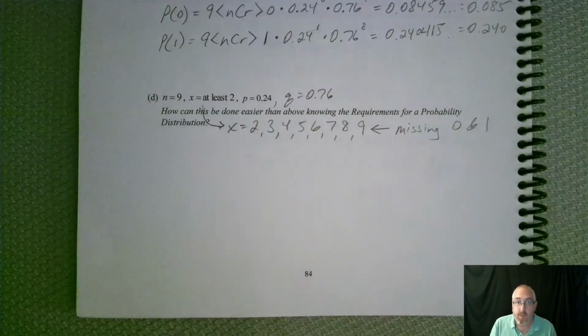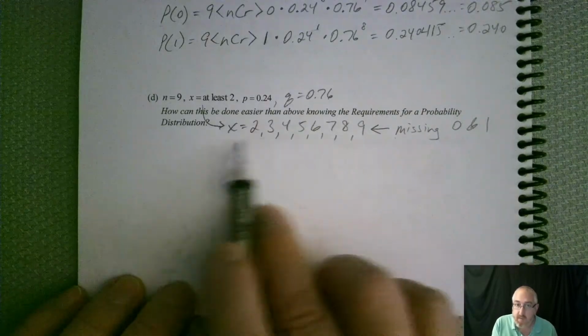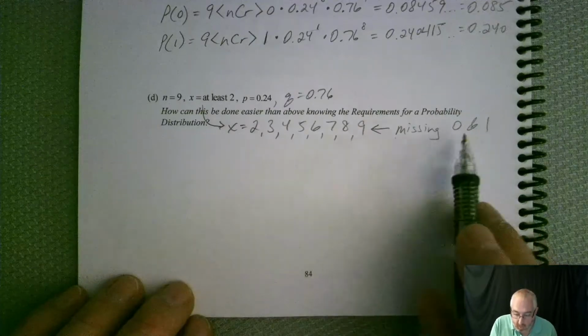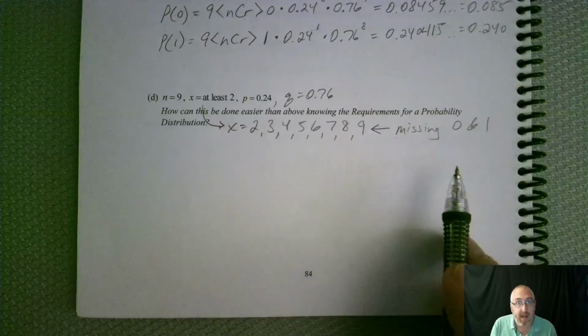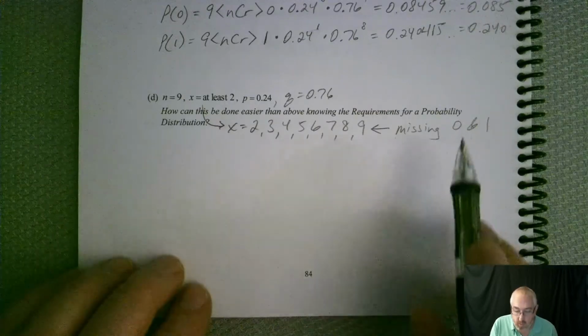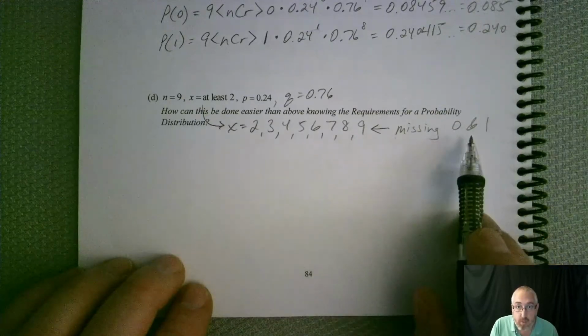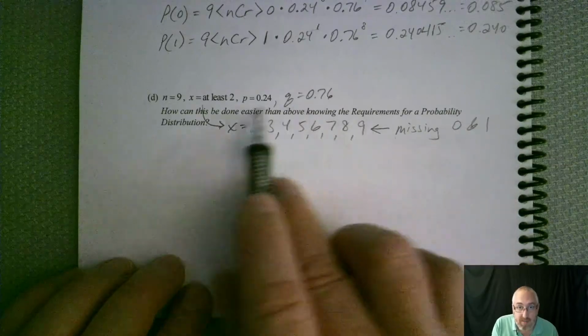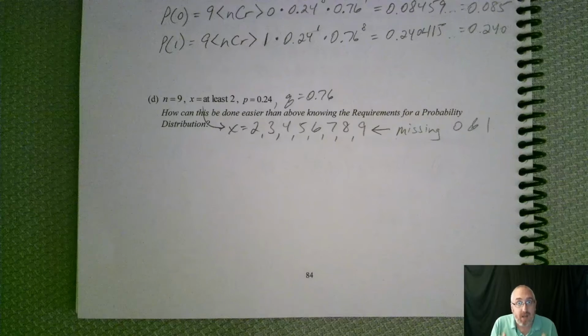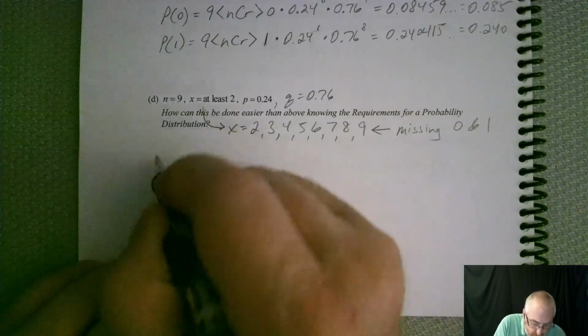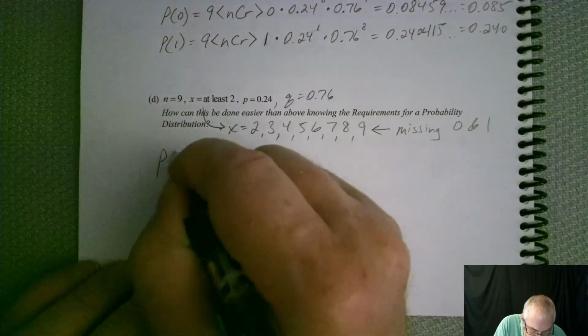Those are the only two numbers we're missing from this list. If we had all of these probabilities together, they have to add to 1. So if we already have these 2, we can get the rest of these in one lump sum by using the complement rule. So this is what we're going to do.